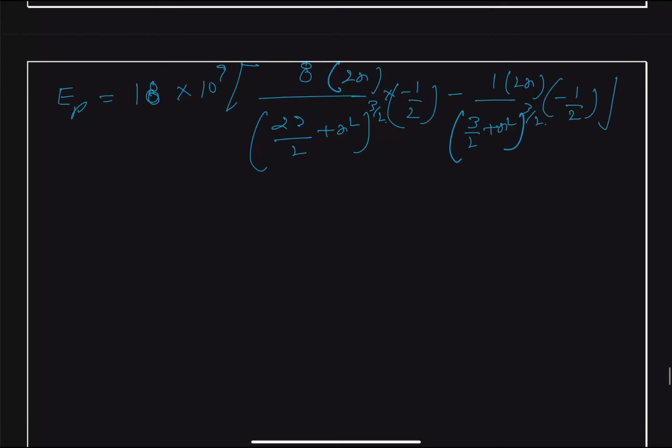So we can say that putting equal to 0, we will get x equal to plus minus square root of 5/2.